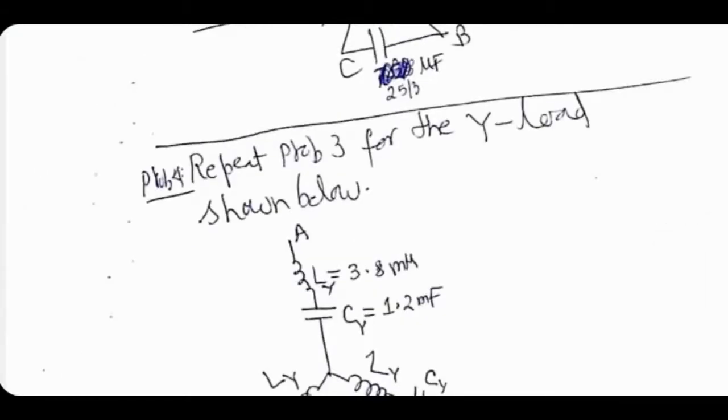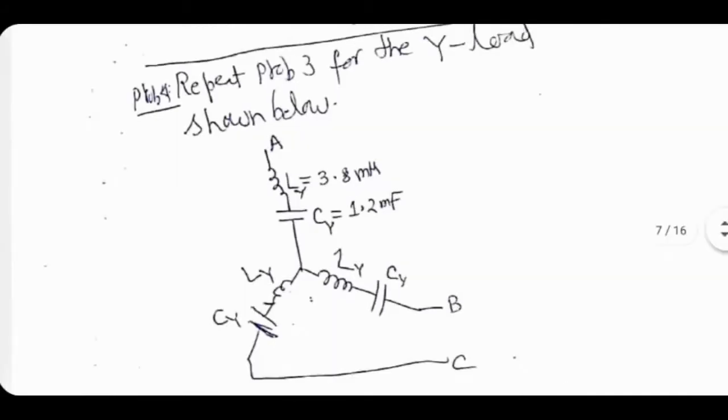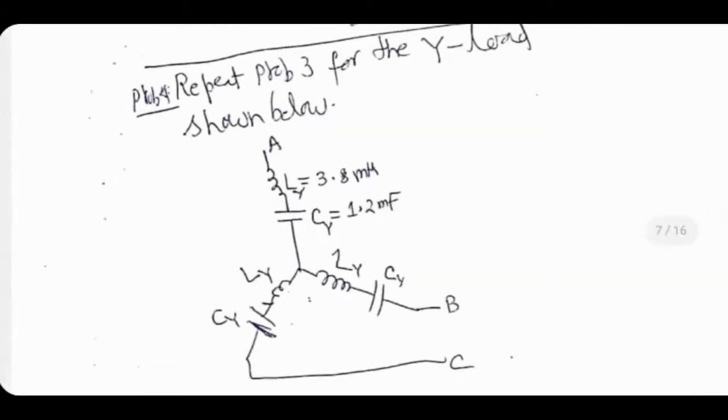Now, the last problem for today at least has got impedance containing both inductor and capacitor. This is even more interesting. Y load is given and you want to figure out the corresponding delta load.